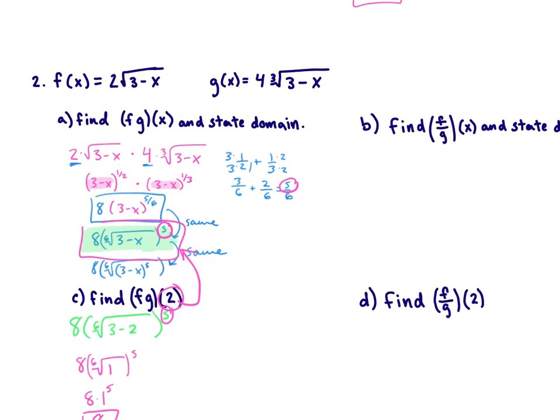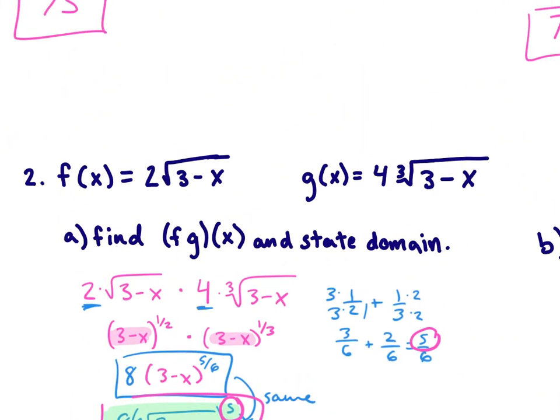So I skipped finding the domain, but let's go back to our f and g of x. How would we find the domain for f of x? We have a square root, so we've got to be careful here. How do we find our domain? Awesome.